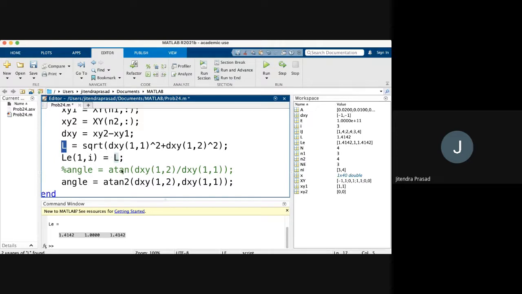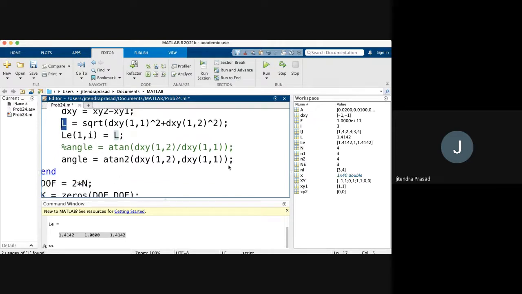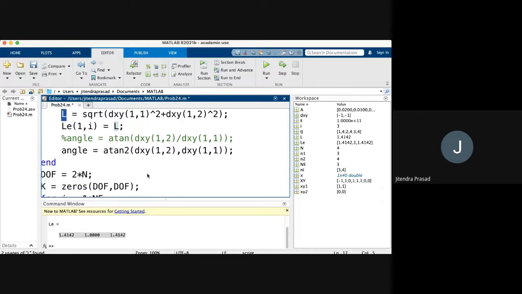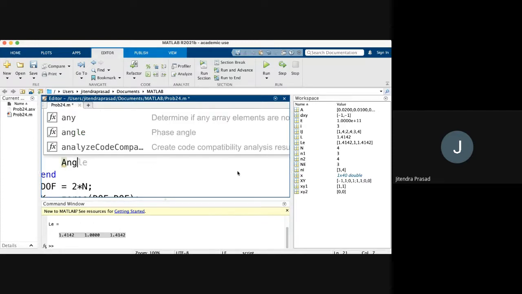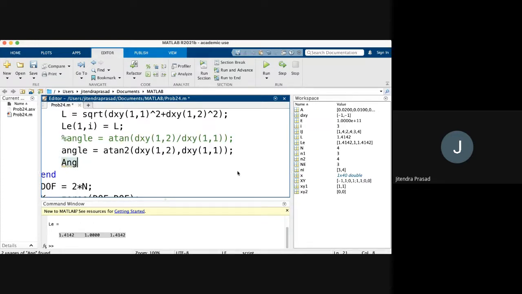No need to put, but still I'm doing it, as I said earlier, writing the long way so that you understand what we are doing. And here same thing we'll do, ang 1 j.